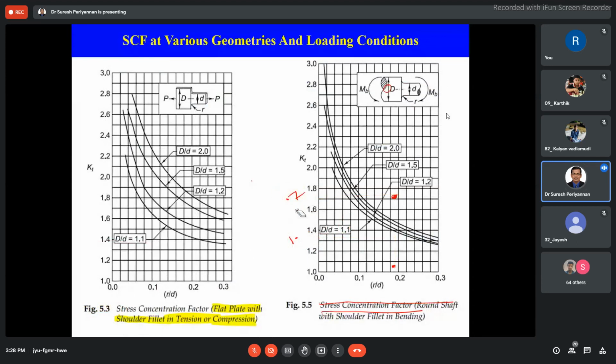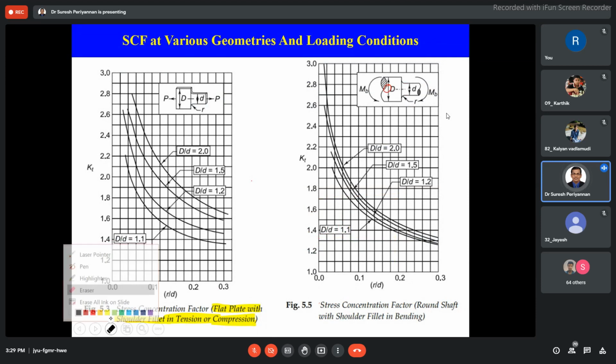Similarly, the shaft, the round bar, subjected to bending. The same concept we have to apply to find our stress concentration factor. Each graph is a standard graph, and each has different values because they are provided based on different loading conditions.